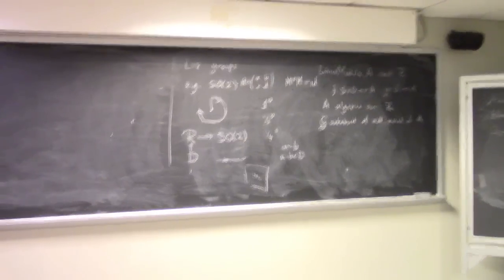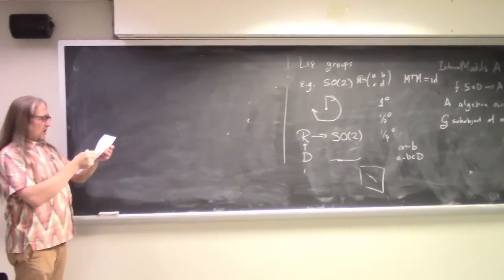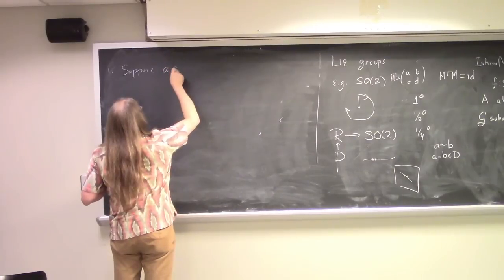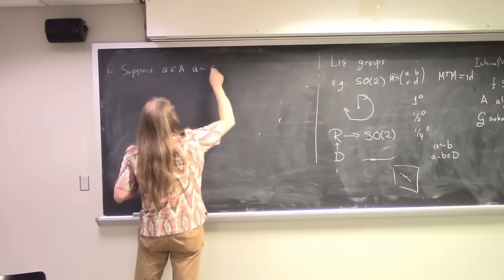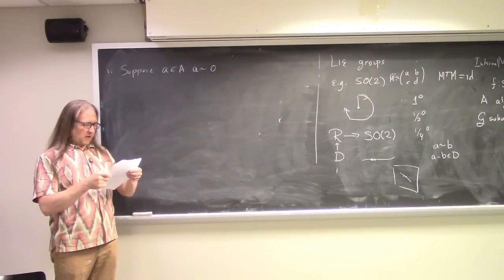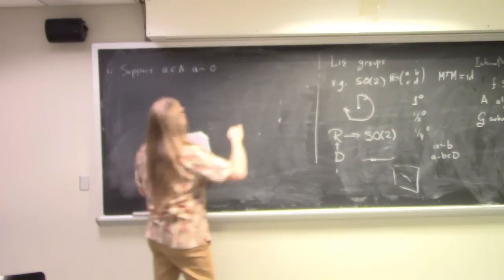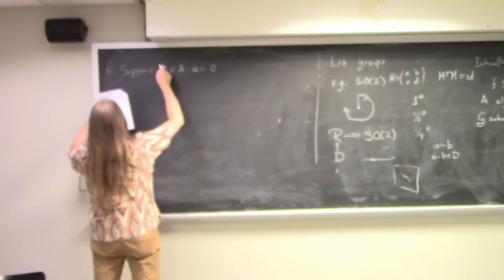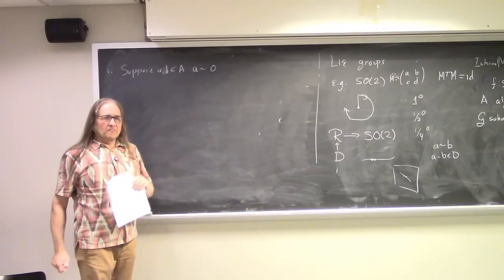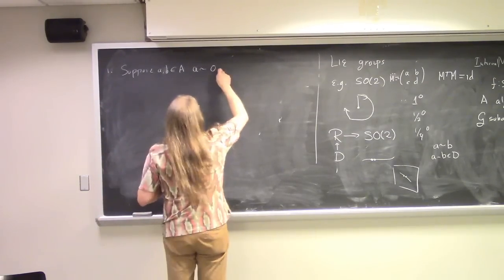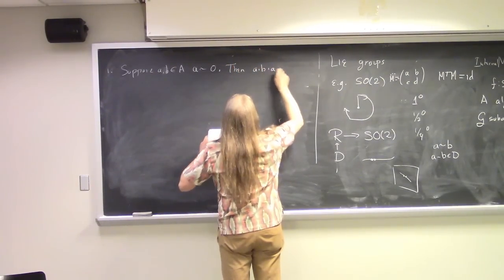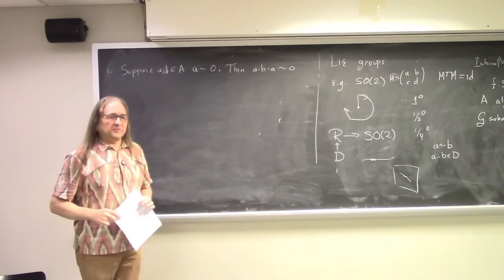The first theorem is that, suppose I have an element of my algebra that's infinitesimally close to 0. All right? Then I have two elements in my algebra, let me say A and B. So A is infinitesimally close to 0. Now, then, the product is also infinitesimally close to 0.